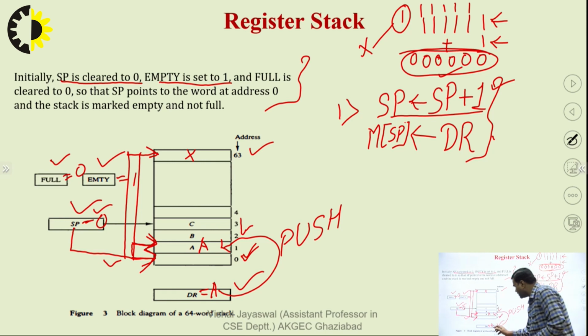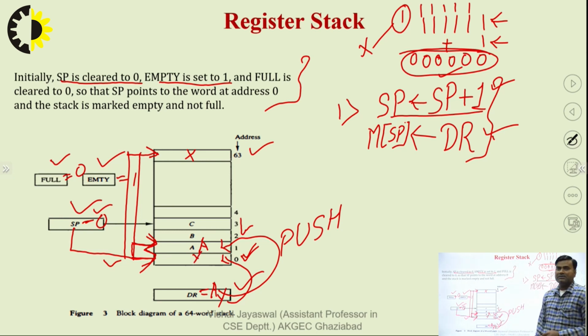Suppose we have an element Y in the DR register. Then the content of DR, Y, is transferred to the 0 location, meaning Y is placed at address 0 in the stack.